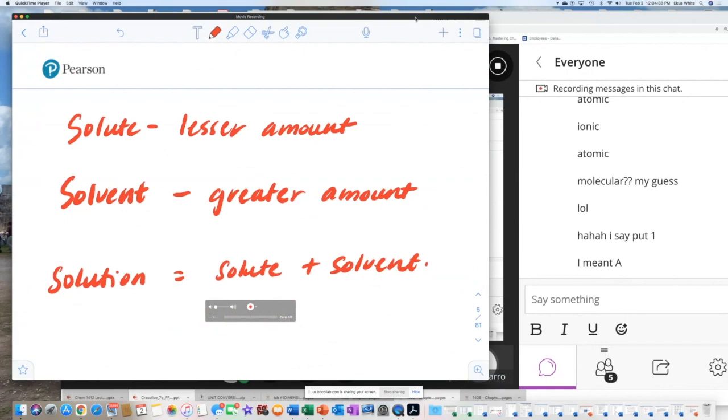For the most part, the physical state, I've been asked this before. Well, what's the physical state of a solution? The physical state of the solution tends to go with the greater amount because there's more of it, right?